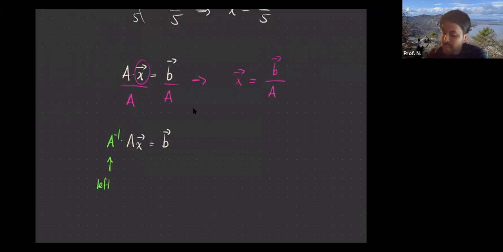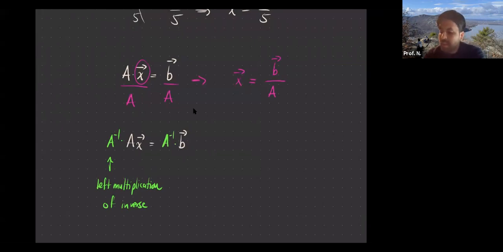So we're doing what's called left multiplication of the inverse. And if we do whatever we do on one side of the equation, we have to do it to the other. So we'll be multiplying by the inverse of A on the left side of B.